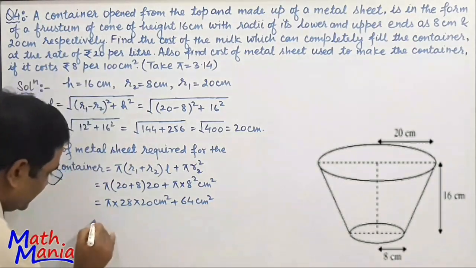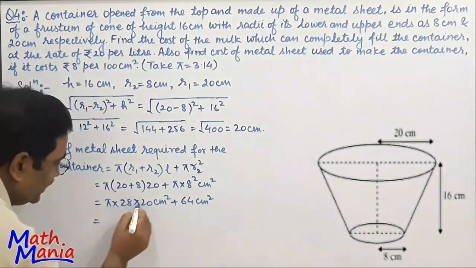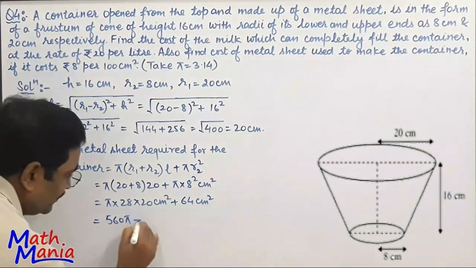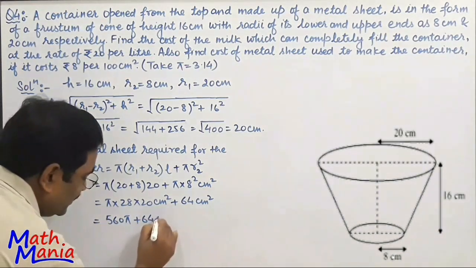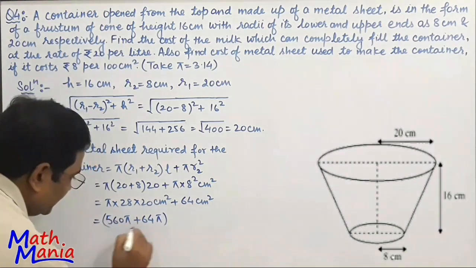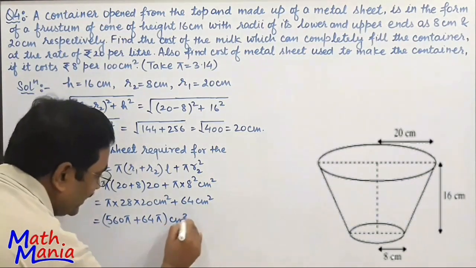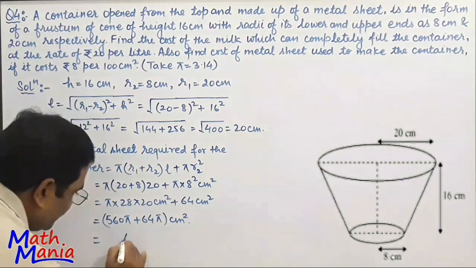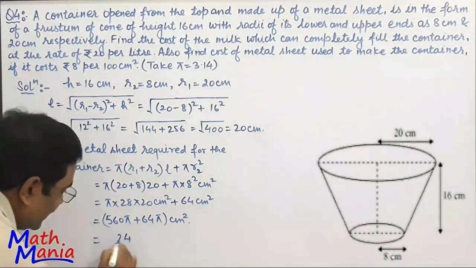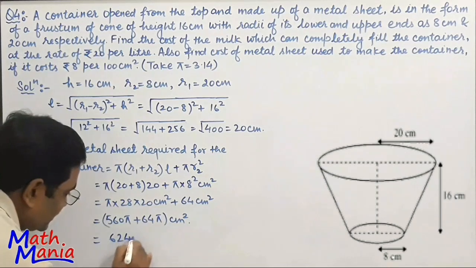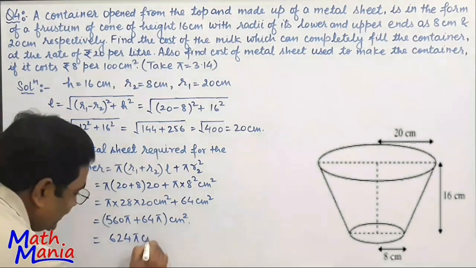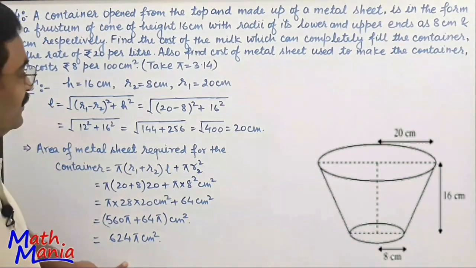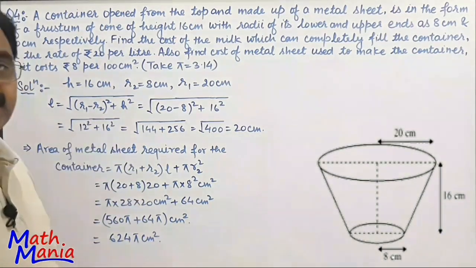Multiply it, we will get 560 pi plus 64 pi, add it, you will get 624 pi centimeter square. This is the surface area of the metal sheet required.